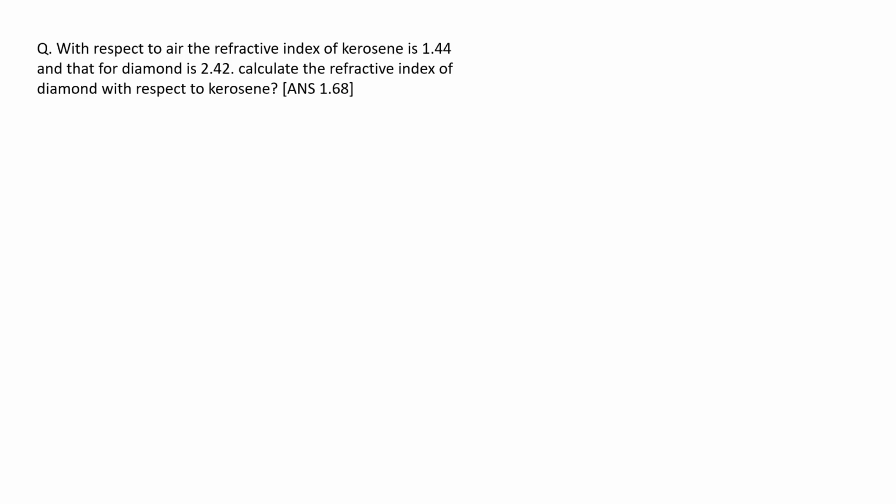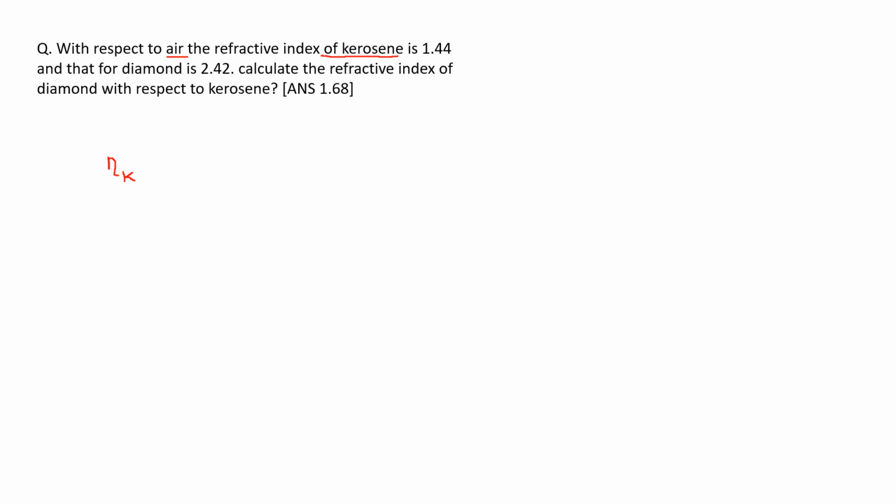With respect to air, the refractive index of kerosene is 1.44. Now let's write the refractive index. With respect to air, again, I don't have to write K and A. I can just write the refractive index of kerosene, because that is the absolute refractive index.